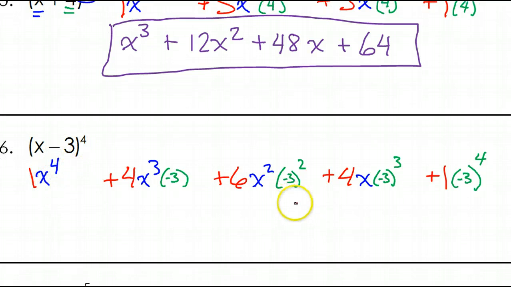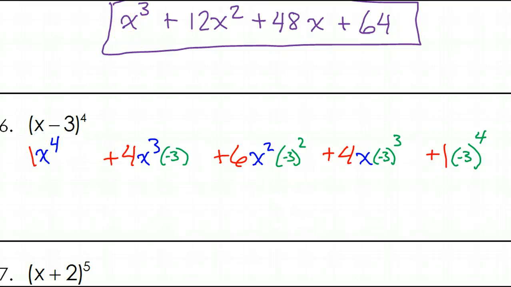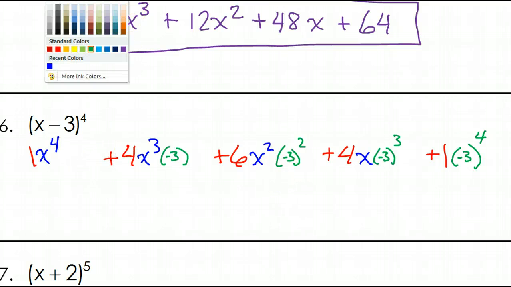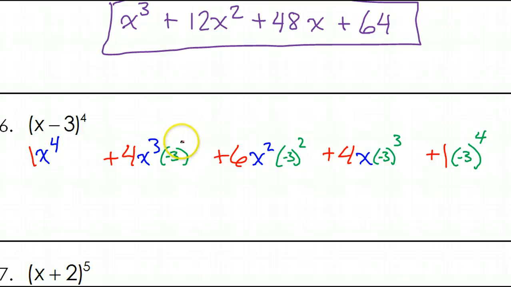So now let's just evaluate this a little bit. Just be careful. Negative 3 squared: a negative times a negative is a positive. So negative 3 squared is in fact positive 9. Negative 3 to the third power: when you do a negative to an odd power, it's still going to be a negative result.